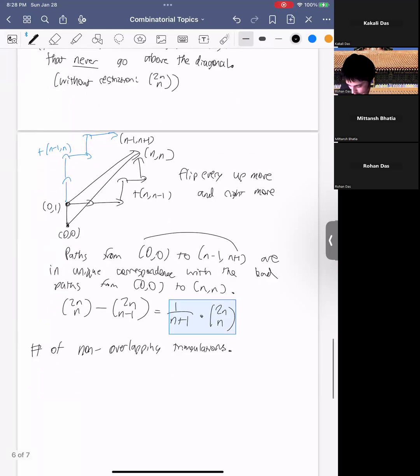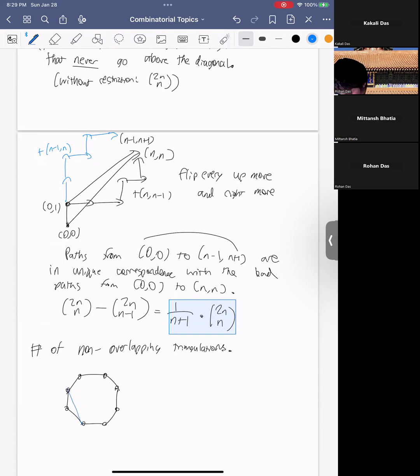And what that means is that, for example, if you have an octagon, you have a way to divide this into 8 minus 2, I think, triangles, such that none of these triangles overlap.